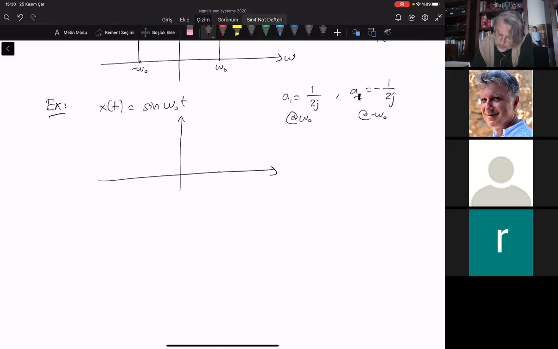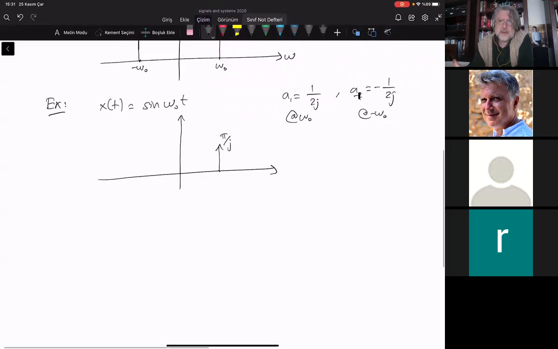At omega 0, let's say omega 0 is here. So this is an impulse, and the magnitude of the impulse is 2 pi times 1 over 2j, which is pi over j. Interesting, but it's an imaginary number. You may ask me, why am I plotting it?